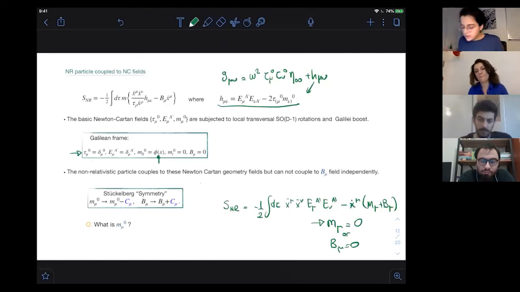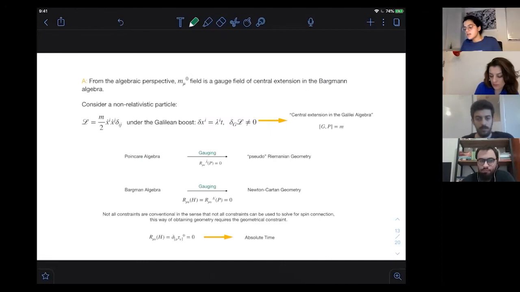So one thing is, what is the m_mu field if you are not familiar with this setting? Let me give my answer. From the algebraic perspective, the m_mu field is the gauge field of the central extension in the Bargmann algebra, which I didn't mention yet. To understand the Bargmann algebra, let's have a look at the non-relativistic particle. We use that Lagrangian many times, starting maybe in first year undergraduate.